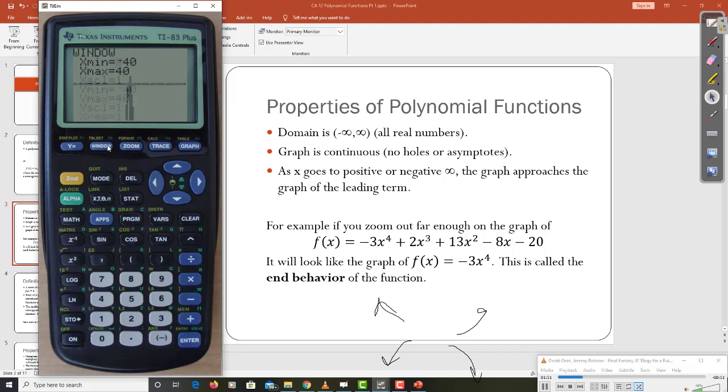Let's make my y's go a lot deeper than that. Let's say negative 400. And you see, the more and more you zoom out, the more and more they look like each other. That's going to be true in general.